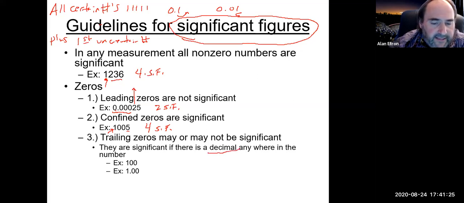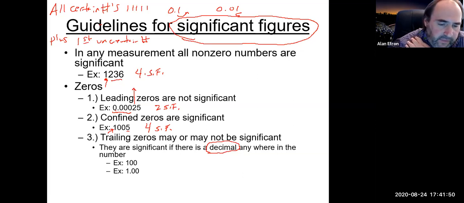So if you've got a decimal point anywhere in the number, it does not have to be right next to the zero that you're looking at. It just needs to be somewhere in that number. All the zeros that come at the end will be significant. If there is no decimal point written in the number, then that zero is not going to be significant.